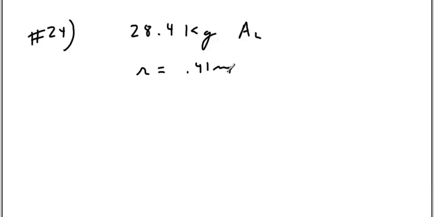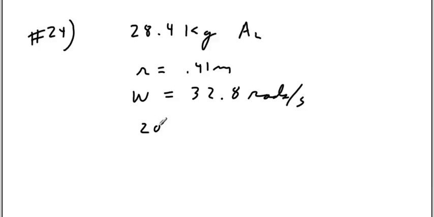And it is rotating about its axis on a frictionless bearing. Angular velocity, that's an omega in case anybody is worried about it, 32.8 radians per second. If its temperature is raised from 20 degrees Celsius up to 95 degrees Celsius, what is the fractional change in omega?